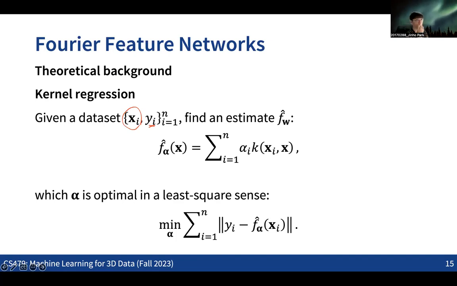Then the problem of kernel regression is finding a function f with a given kernel. In terms of that, we get the best value of alpha for each data point x_i, and we can get the approximation of the desired output for each x. So this is the basic setup of kernel regression.